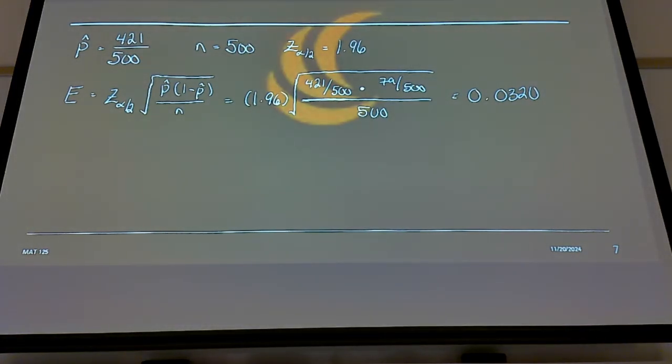As a general rule of thumb, you don't want to round until the very end of your calculation, which is why I kept those as fractions instead of decimals.